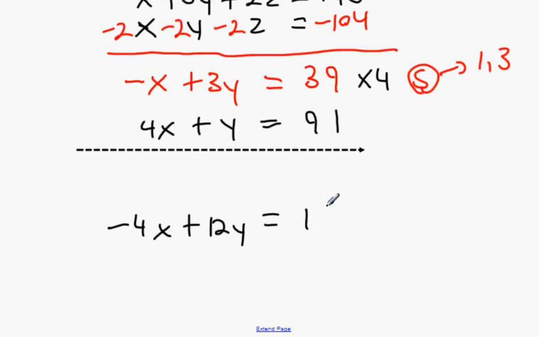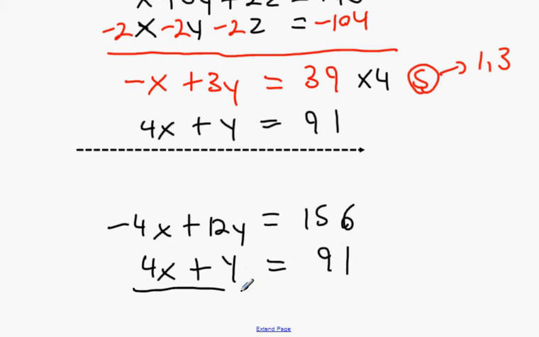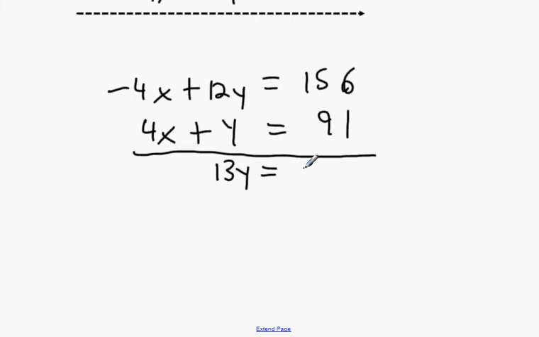Okay. 4x plus y equals 91. I'm going to get 13y. And what's 91 plus 156? 247. 247 divided by 13 is 19. Okay, y equals 19.